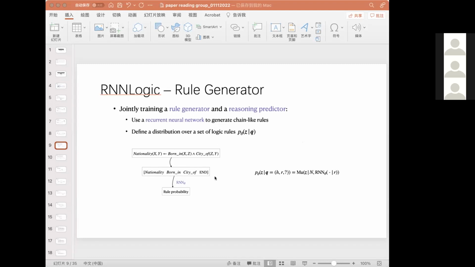Given such a sequence of relations, it leverages an RNN model to calculate the rule probability. That is the basic idea of the rule generator proposed by RNNLogic.